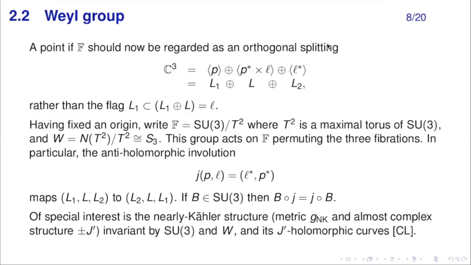I'm not going to talk about that today, nor am I going to really talk about any particular metrics on the flag manifold. In some sense, the most symmetric metric would be the nearly Kähler metric, which is invariant by this W action, and also its corresponding almost complex structure, whereas the standard Kähler metric prefers one of the fibrations. But I'm sorry, I won't be saying more about that today.